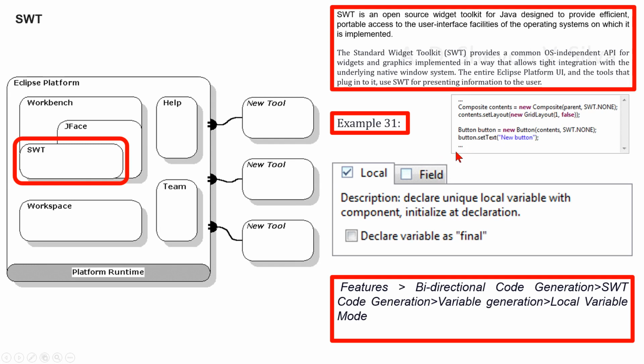An option is provided to declare each variable as final. Note that component types marked as final on the variable, then type specific reference page will always be assigned to fields.